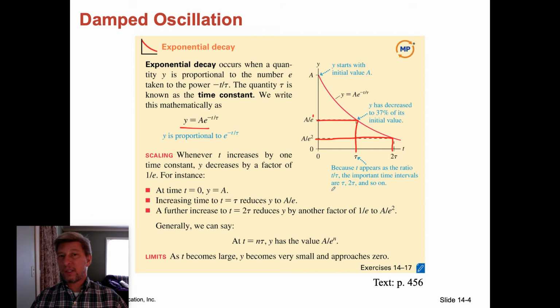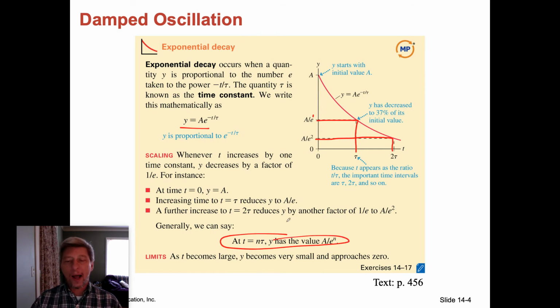If we increase t to 2 times tau, then y is reduced again, another factor of 1 over e, to a over e to the 2nd power. And so, in conclusion, we can say that at t equals n times tau, y has the value a over e to the nth power.